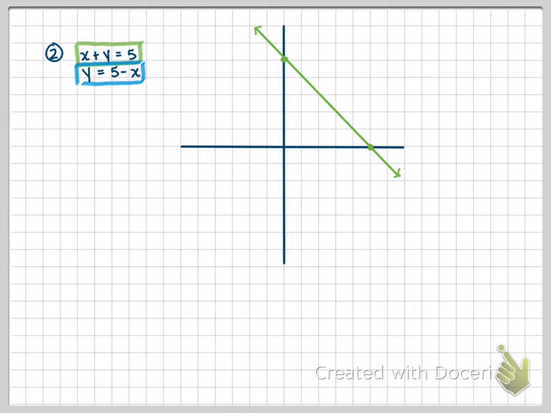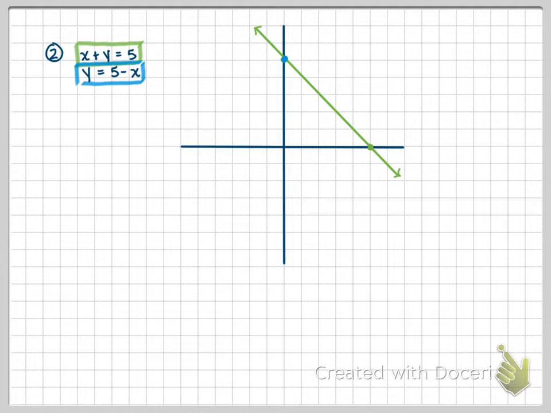So if y is equal to 5 minus x, we could graph this using slope and y-intercept. The y-intercept is 0, 5. 1, 2, 3, 4, 5. What's the slope of this line? Remember, slope is just how y changes when you increase x by 1.